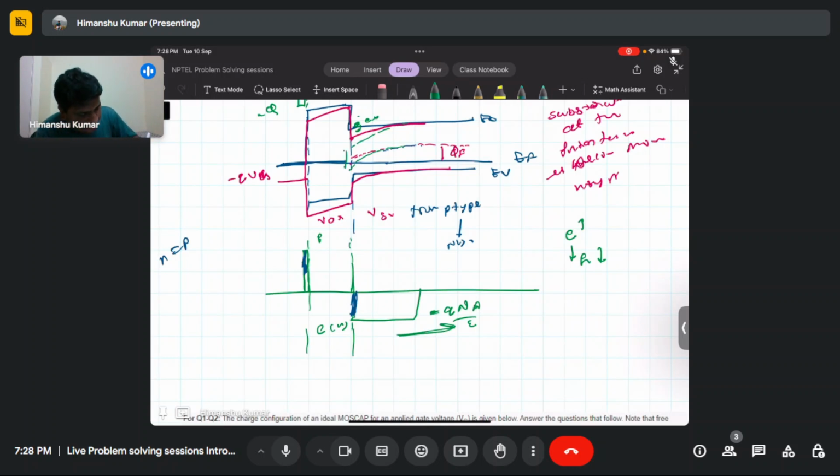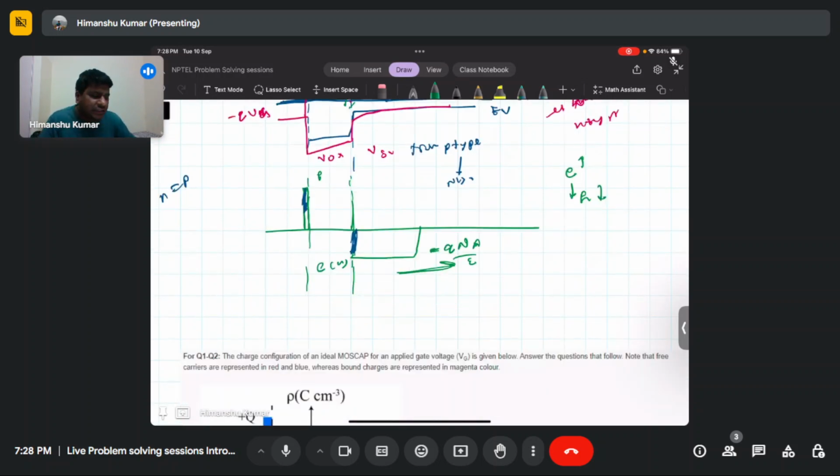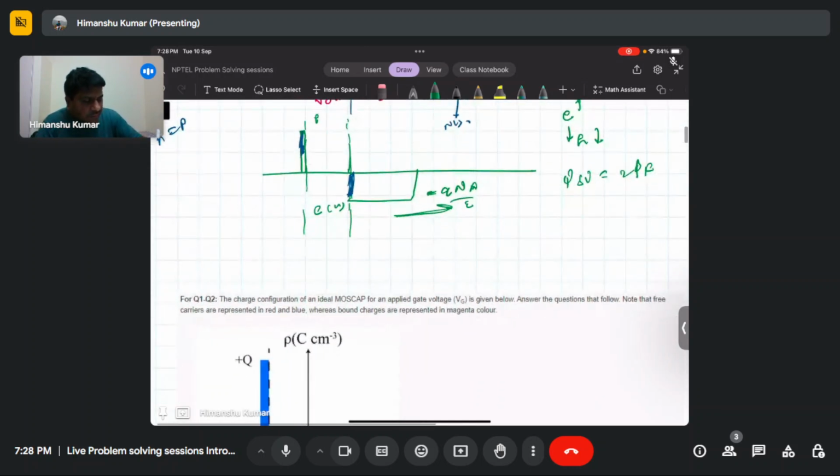So this bending is 2 phi f for inversion to occur, and as you apply more bias, this band bending will increase further, and the charge will increase. So at the threshold, your surface potential of silicon will be equal to 2 times phi f, and the gate voltage you can calculate by Vg equals V oxide plus V silicon, which is V oxide plus 2 times psi f.